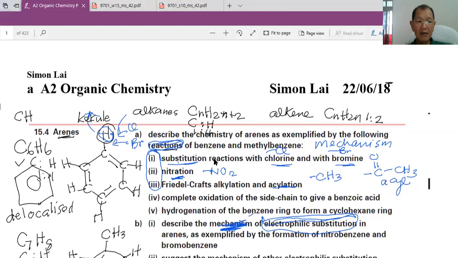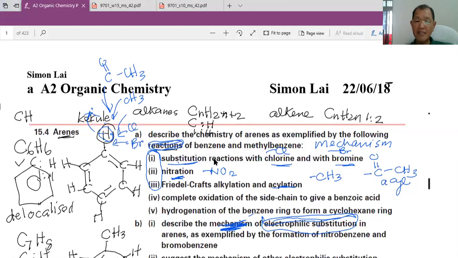I want to kick out the hydrogen here and put inside a CH3 group. Kick out the hydrogen here and put inside an acyl group, C double bond O and CH3. And all these are called what? Substitution, and they are called electrophilic.